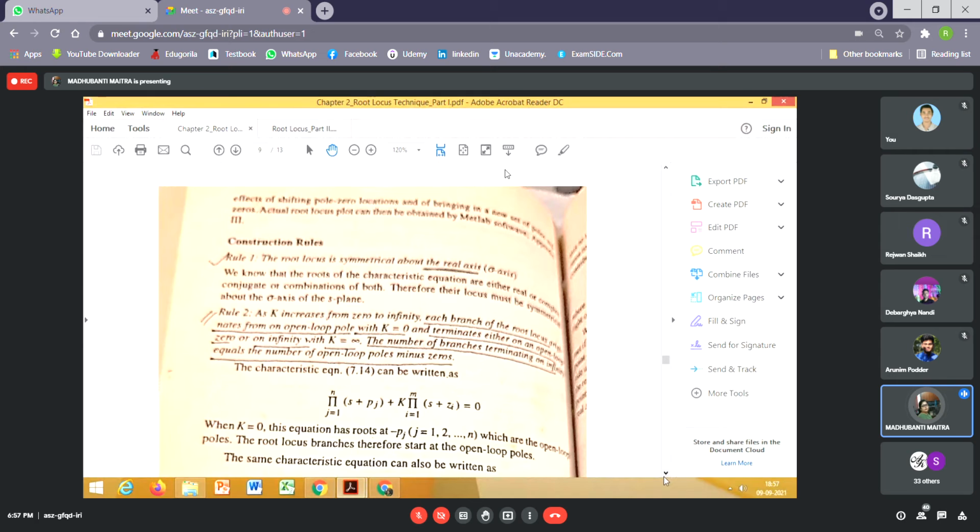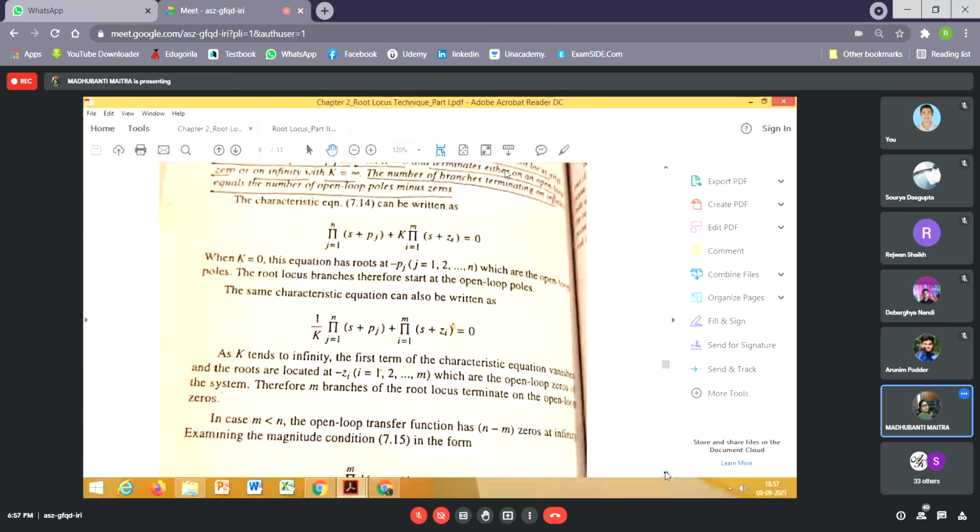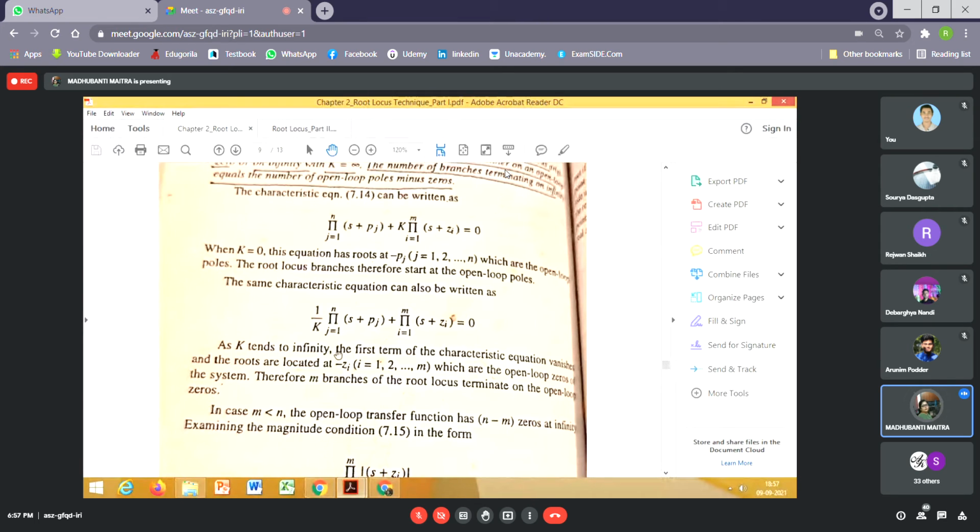Now again, we can divide this equation by k. If we do so, the equation will become 1 by k times the product of (s plus pj), plus the product of (s plus zi), equal to 0, right?